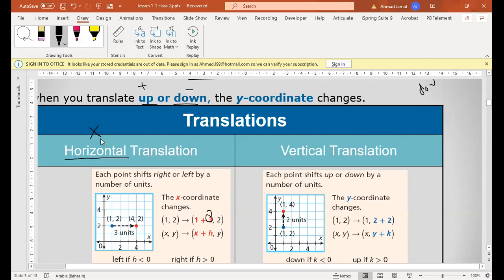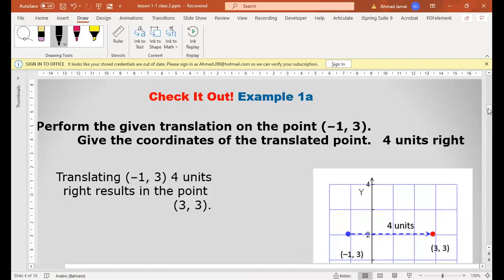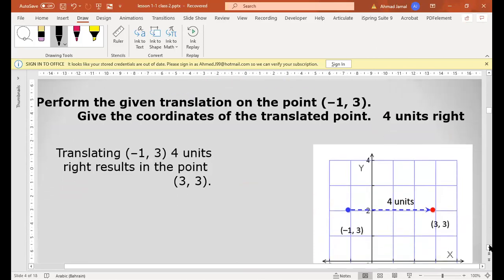Right or left if horizontal, up or down if vertical. If I move to the right, I use positive in the x coordinate. If I move to the left, I use negative in the x coordinate. Now I will take an exercise to make this idea clear.